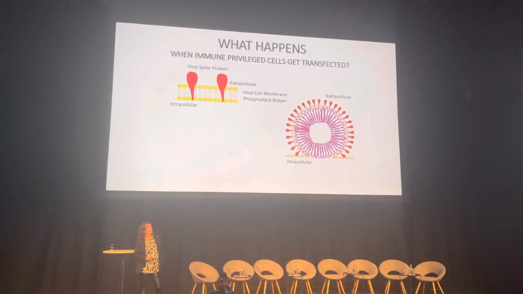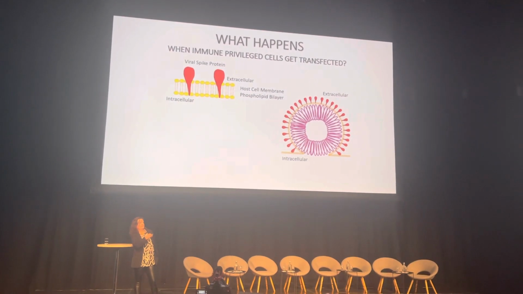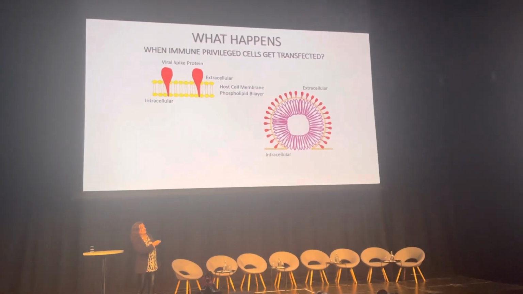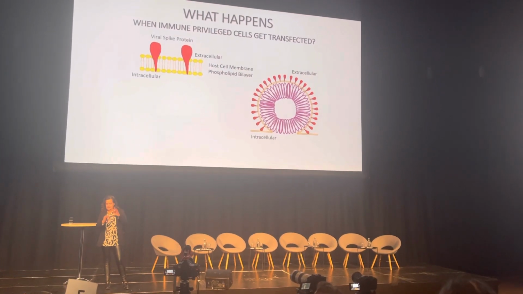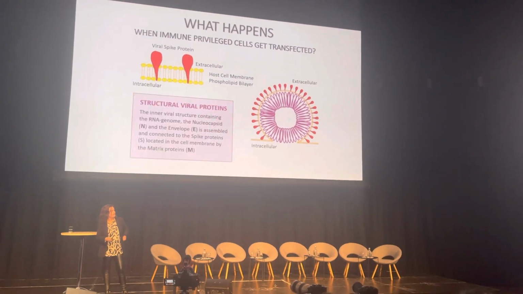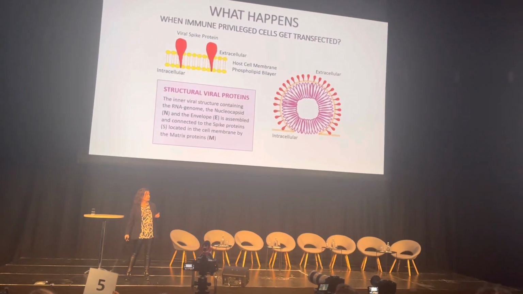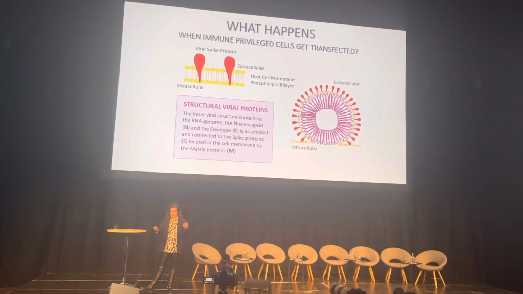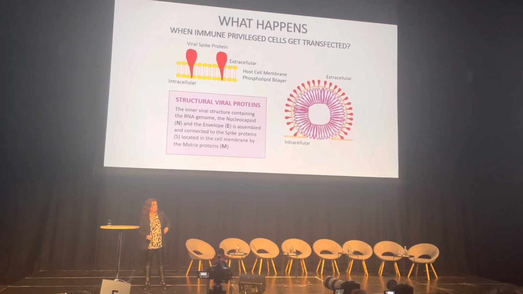Normally, if you have a virus, the spike protein sits in the cell membrane on the outside of the cell, and on the inside the virus particle is built from the structural proteins, the nucleocapsid, the envelope, and a matrix connecting the spike protein and the cell membrane with this inner structure.